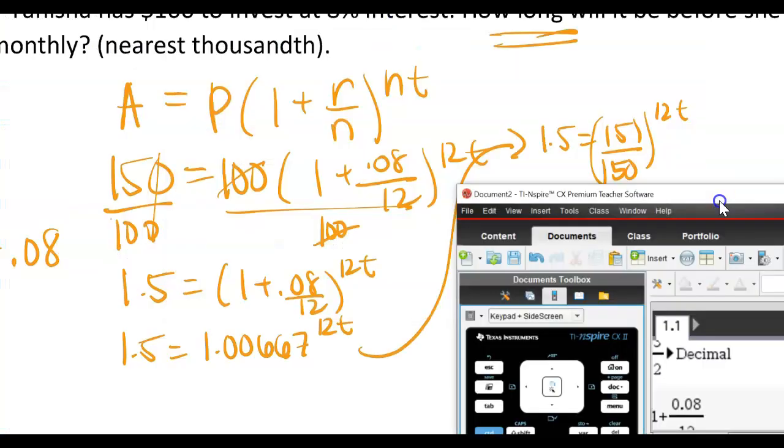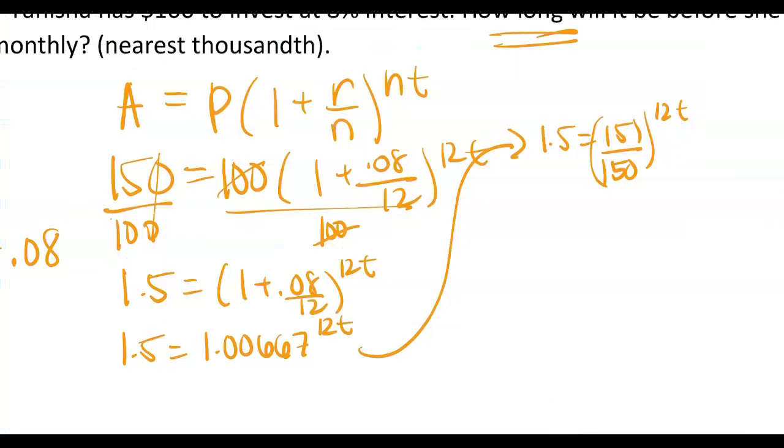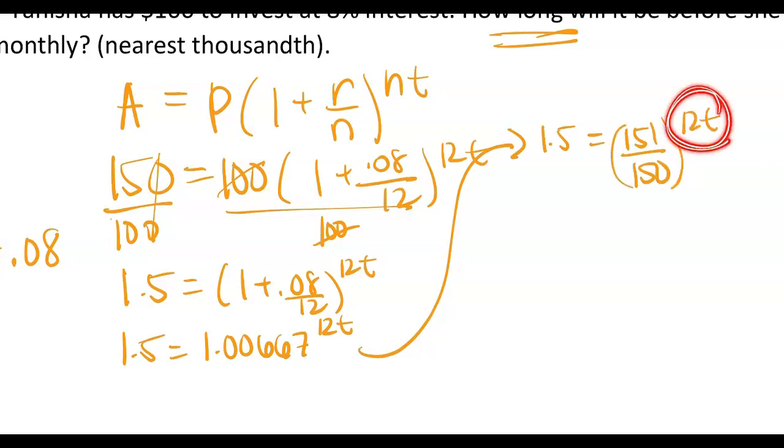The reason why I'm doing this is because I need to figure out how to get t by itself. Remember, this is an exponential function. Let me actually rewrite this a little neater. I need to have somehow this t come to the front. I want to be able to have it on the same level as your regular 151 over 150.